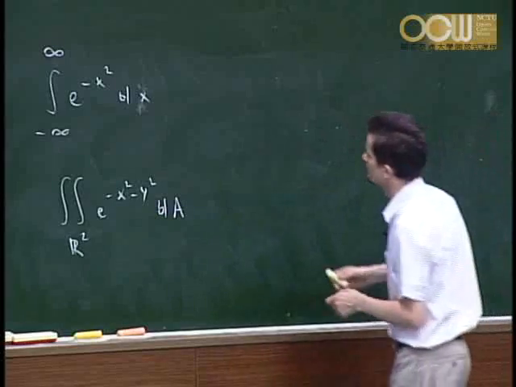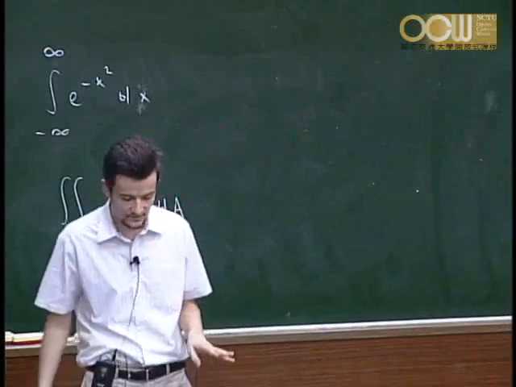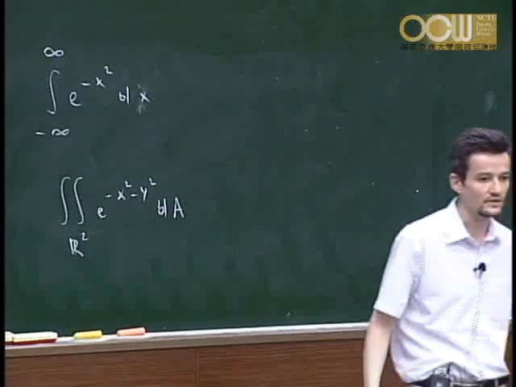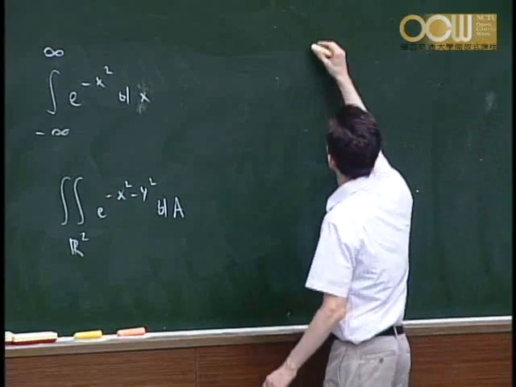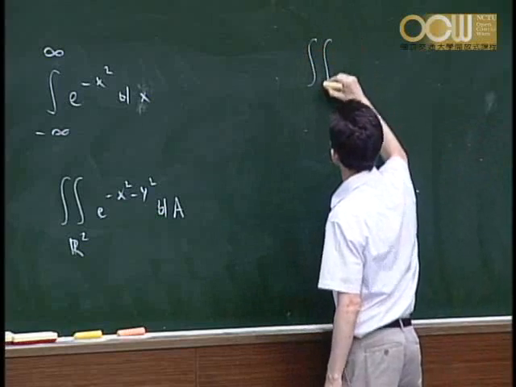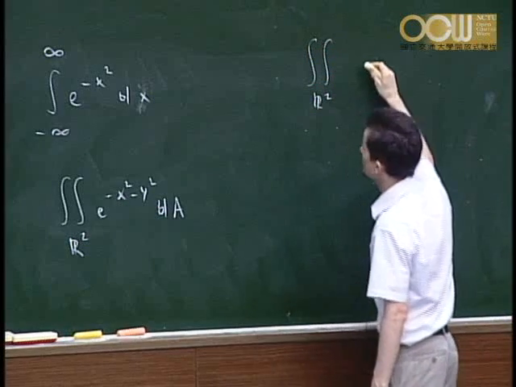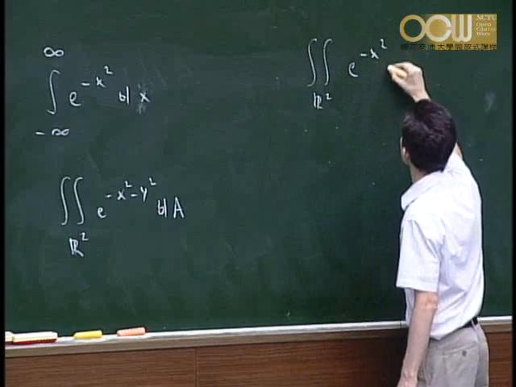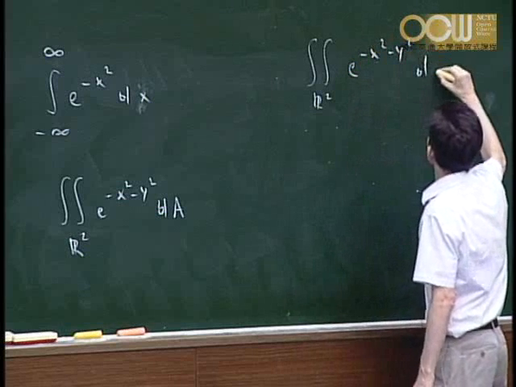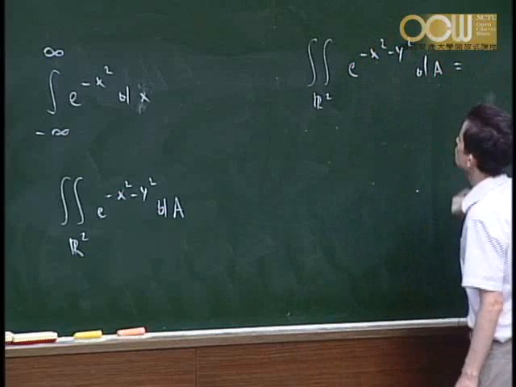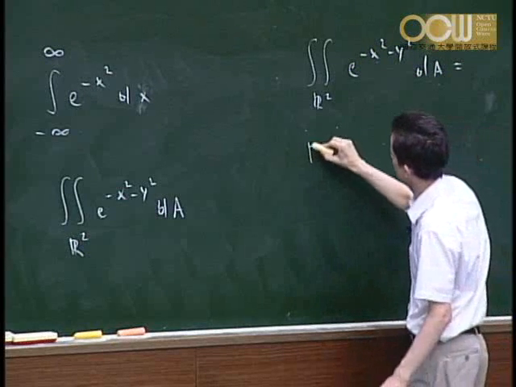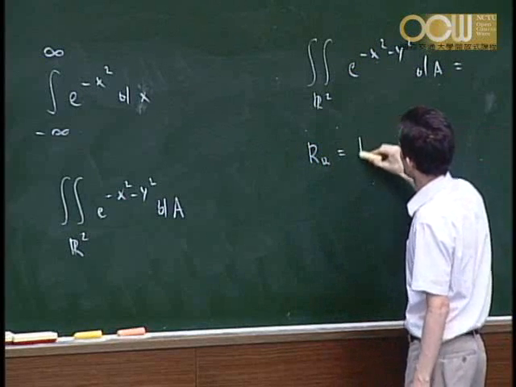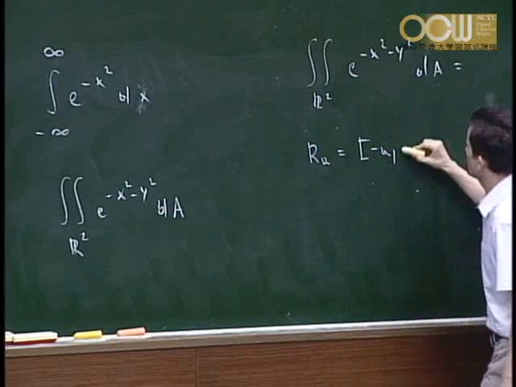Now, the trick is to compute this twice and use a different way to compute it each time. So first of all, by this definition, one way you could do it is you choose a rectangle with side lengths, let's say 2a.